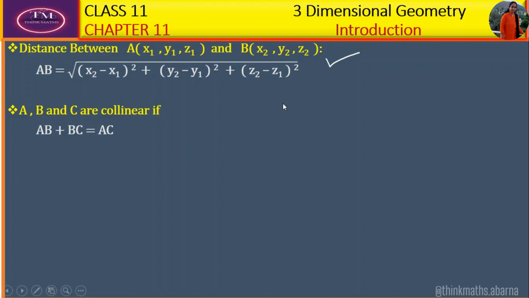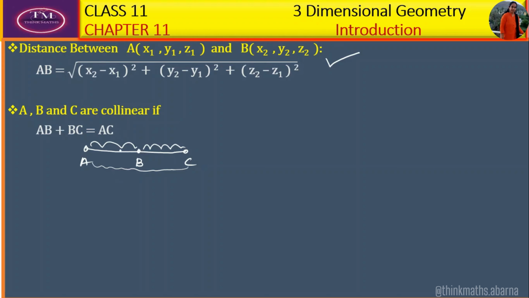Next is if the 3 points are collinear. If the 3 points are collinear, then we have to show that AB plus BC is equal to AC. That is, if you have a line A, B, C, find the distance between AB, then find the distance between BC, then find the distance between A and C. If you add AB and BC, it should be equal to AC.